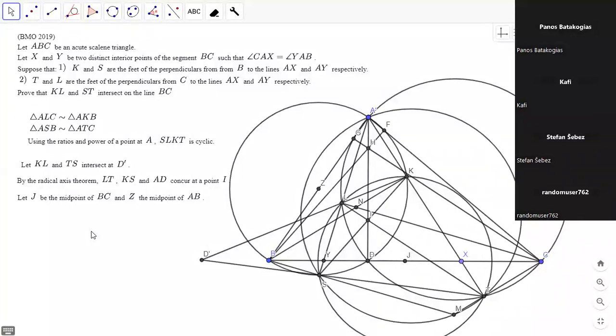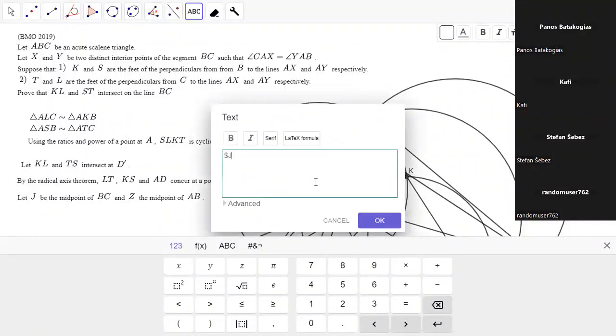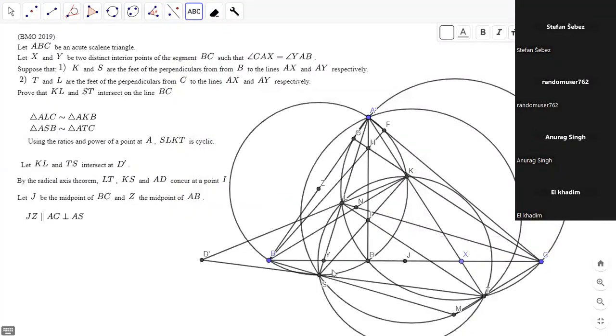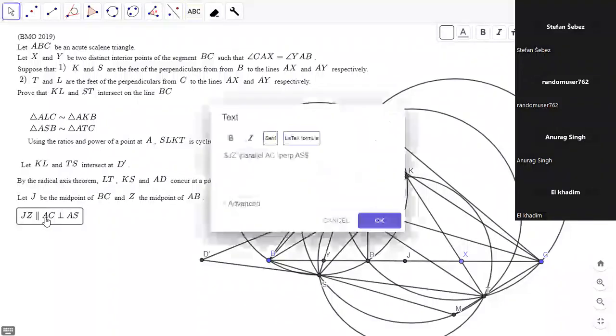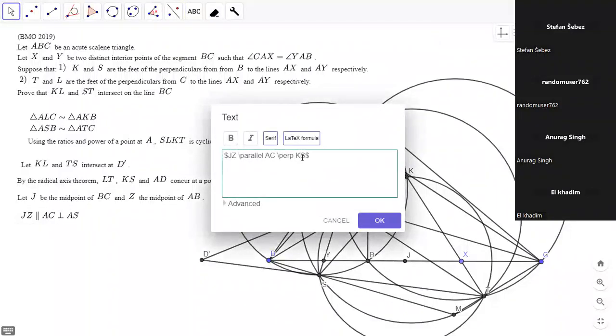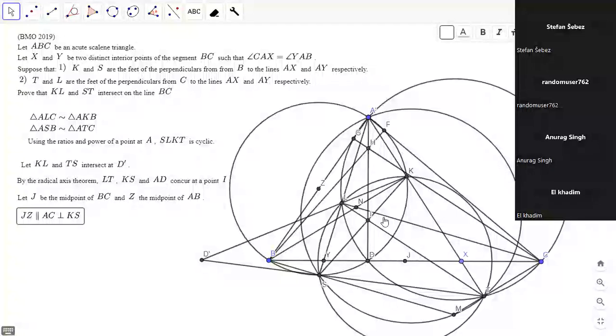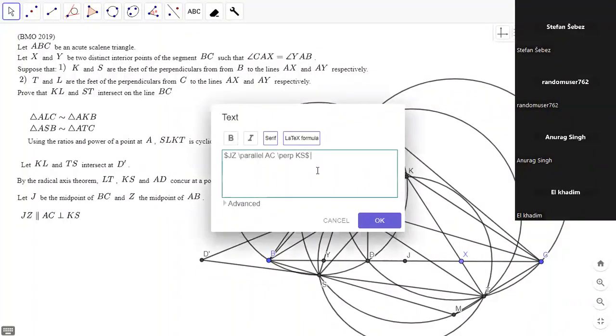ZK equals ZS. So then JZ is parallel to AC, which is perpendicular to KS. So the fact that AC is perpendicular to KS, I think, I'll just say by an angle chase.